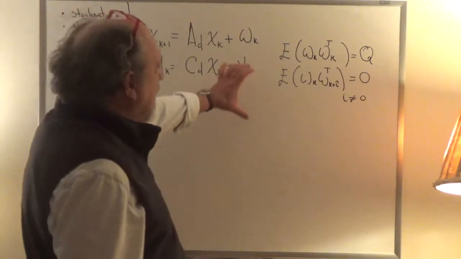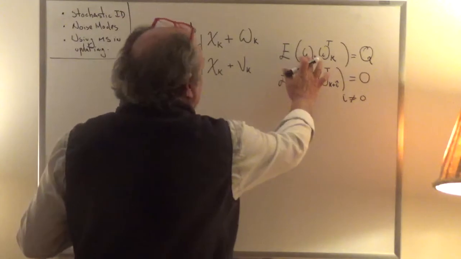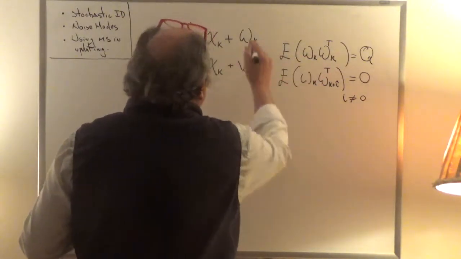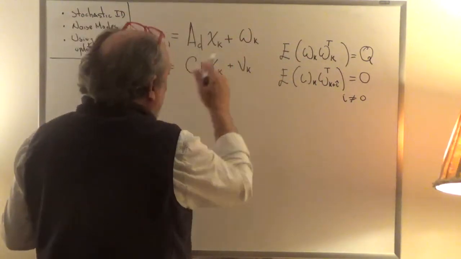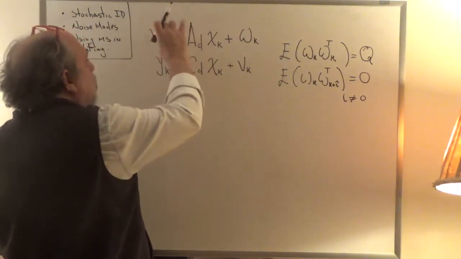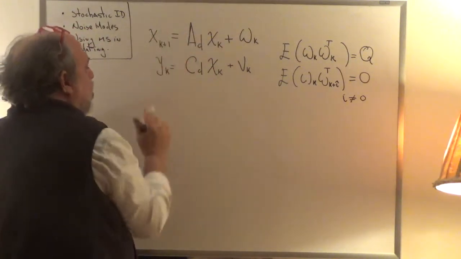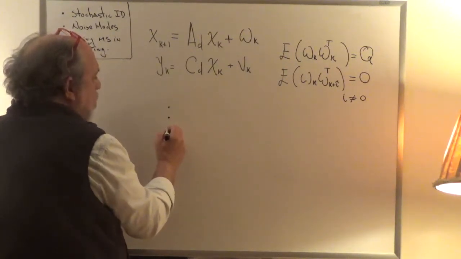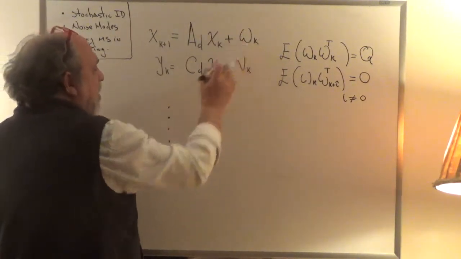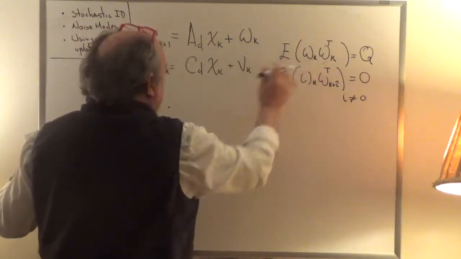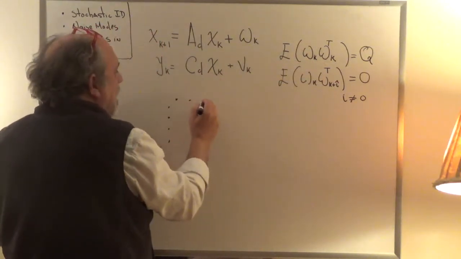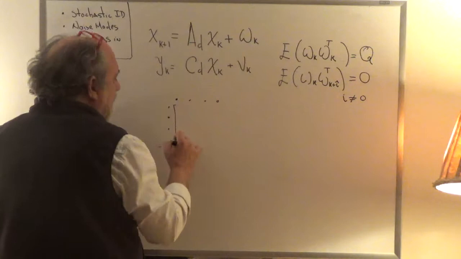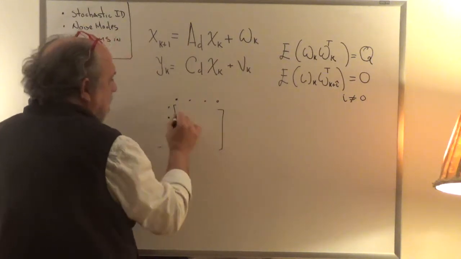So let's say, to be clear, that this is order 2 degrees of freedom, so that this was order 4, right? Displacement and velocities. So that means that omega would be 4 numbers at any given time, right? So omega k times omega k transpose is like this. That's going to give you a 4 by 4 matrix, right?